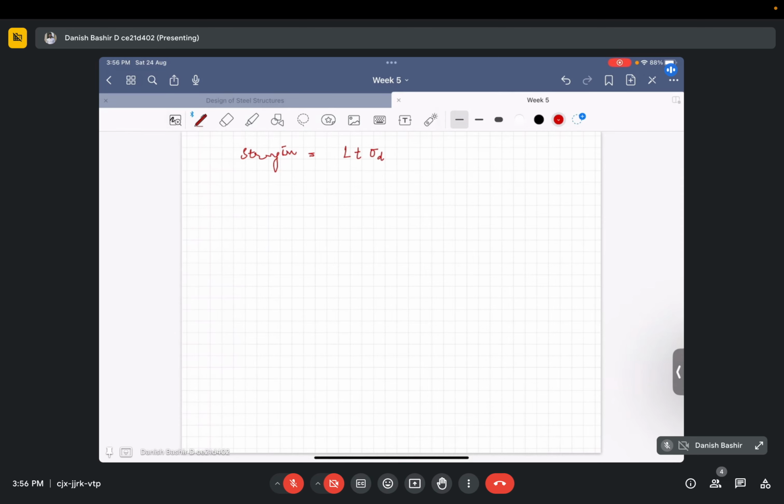If we plug in all the values, 175 mm, T is 8.75 and sigma is 150, this comes out to be 229 kilonewton, which is less than the 280 kilonewton to be transmitted. So this single V weld joint is inadequate.